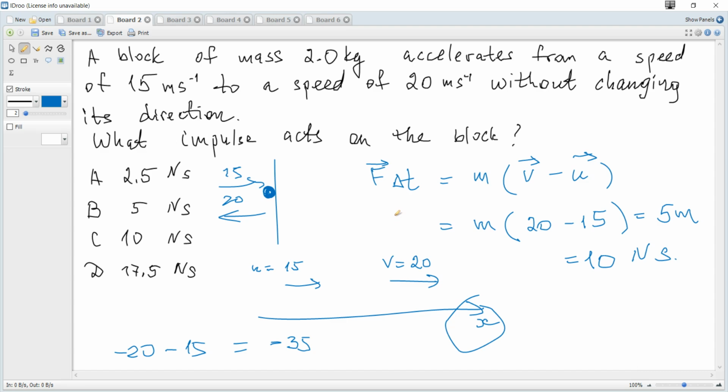Negative 35. Negative just indicates that the F vector is opposite to the chosen x-axis, so force is to the left, and since we consider a ball, it's the force applied on the ball, and it's definitely to the left, because the force by the wall on the ball must be applied to the left. Why?